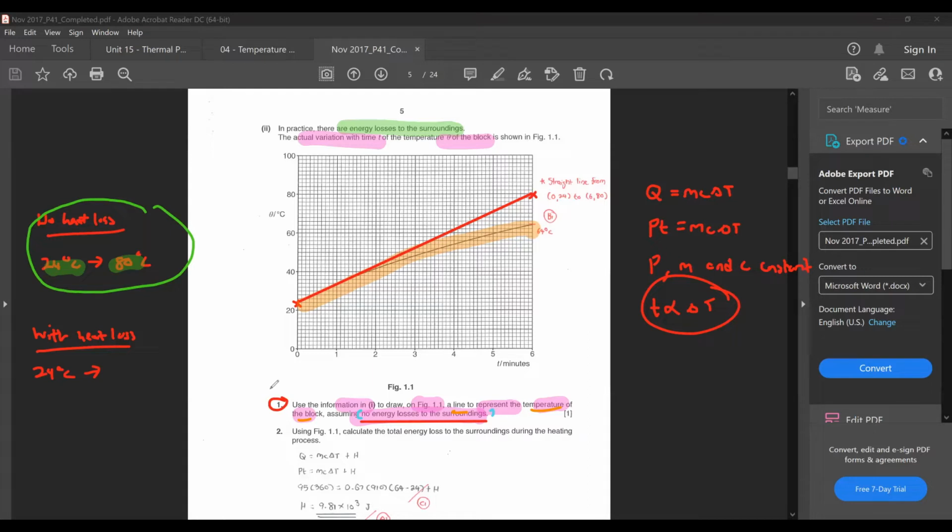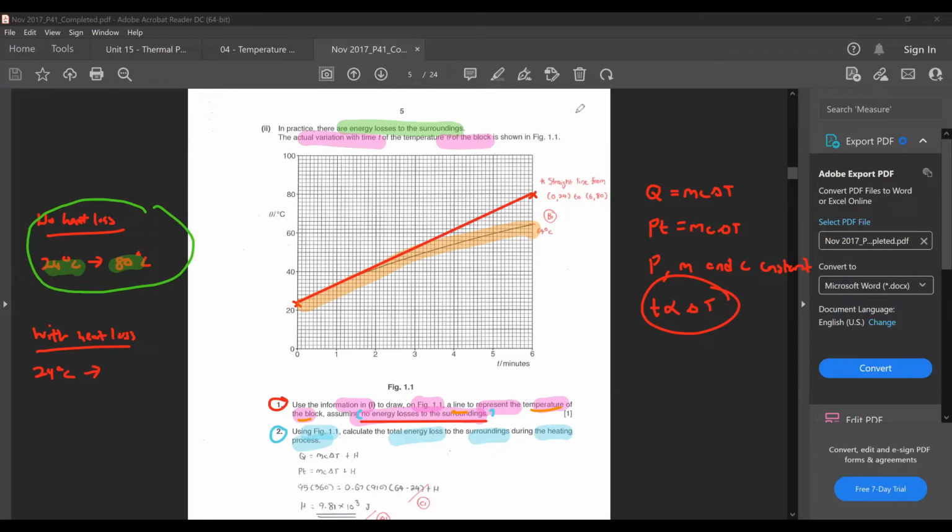All right, now for part 2, they are telling you use back the same figure, calculate the total energy loss to the surroundings during the heating process. Okay, this one, they are already asking you to consider the fact that you have heat losses to surrounding. But here they want you to find out specifically what was the amount of heat loss.